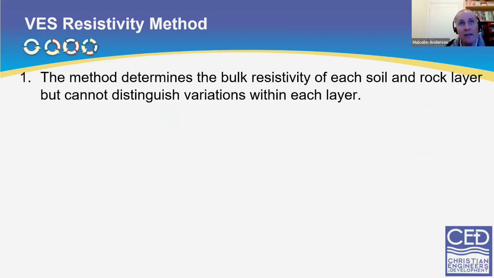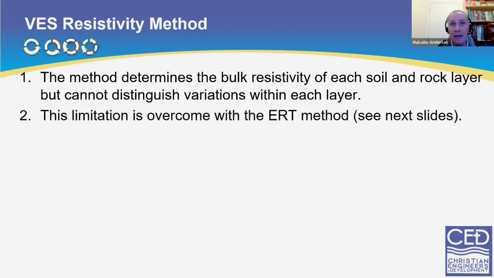Before we get on to that, we'll look at this next slide here. As I said, the VES method measures the bulk resistivity, and that limitation is overcome with the ERT method, which we'll look at in the next few slides. ERT stands for electrical resistivity tomography.